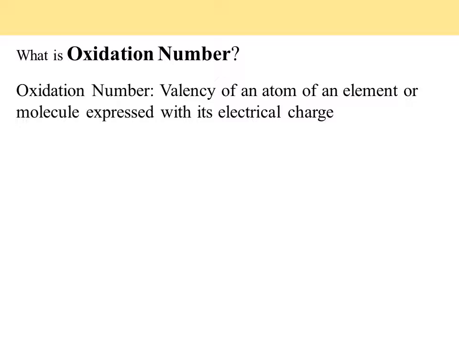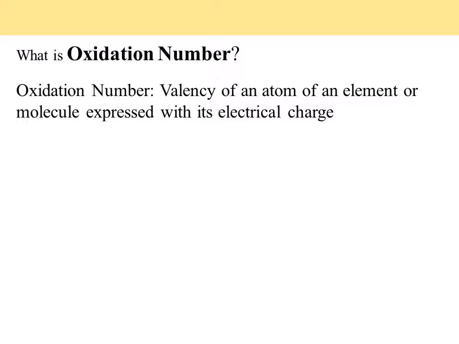But the point is, in oxidation number we are incorporating another factor, that is the electrical charge of an atom or a molecule. This incorporation of electrical charge is not present with valency. In valency, only the number counts.